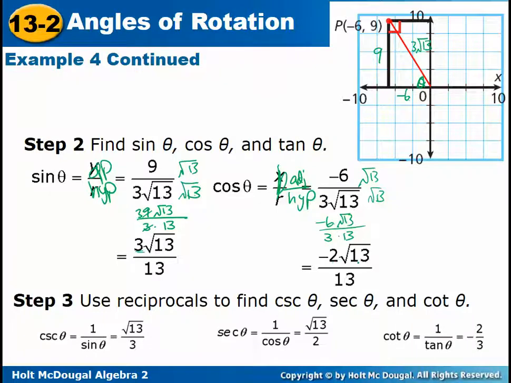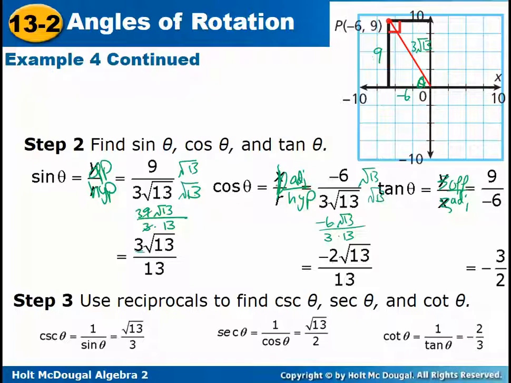So we get -2 square root of 13 over 13. And then finally we do the tangent, which is equal to the opposite over the adjacent. So here's our theta. Opposite is 9 over -6. No square roots in this one. And then we just simplify that to -3/2.